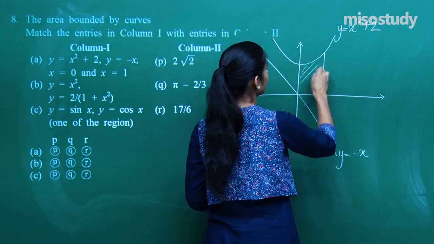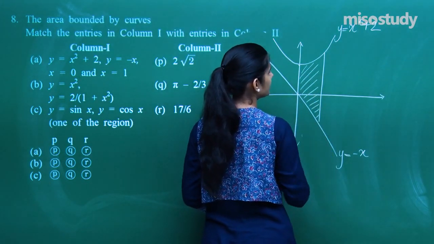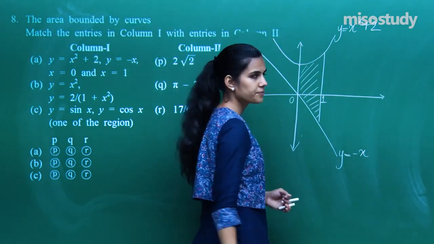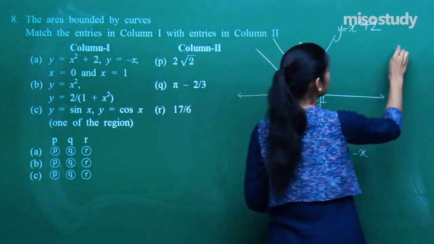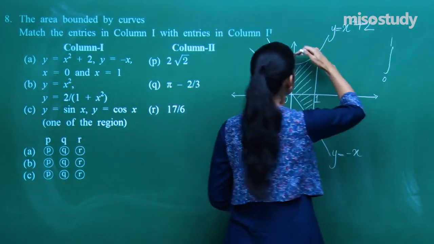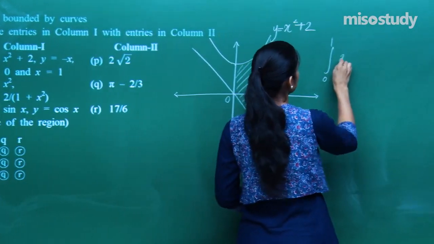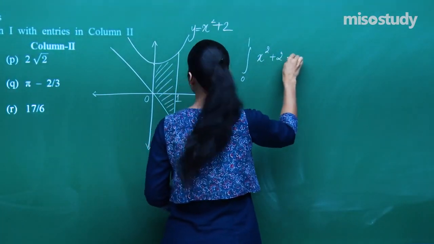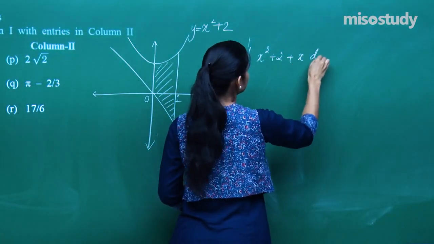Okay, so this is the area that you need to basically find. This is 1, this is 0. So from 0 to 1, it is parabola minus the line. So it is x square plus 2 minus minus x, so it is plus x dx.